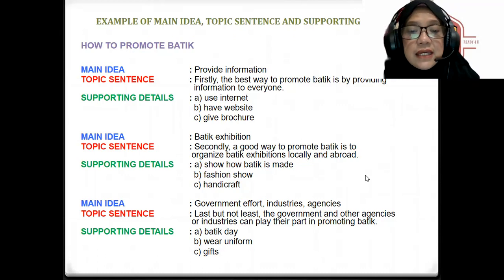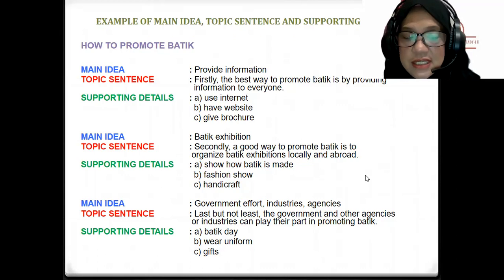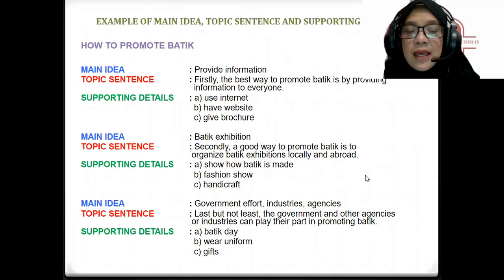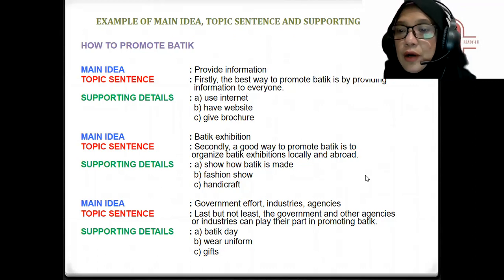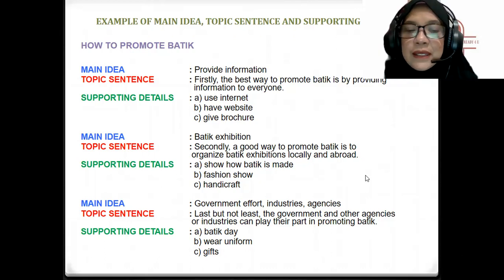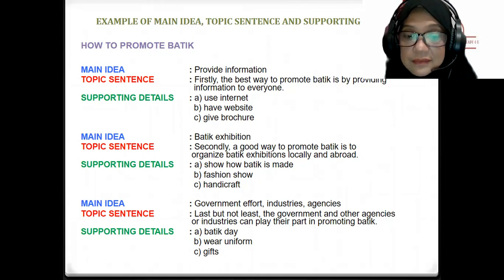The third main idea is government effort, industries, and agencies. Last but not least, the government and other agencies or industries can play their part in promoting batik. How do they do this? Okay, they can have batik day. They can wear uniforms made from batik.